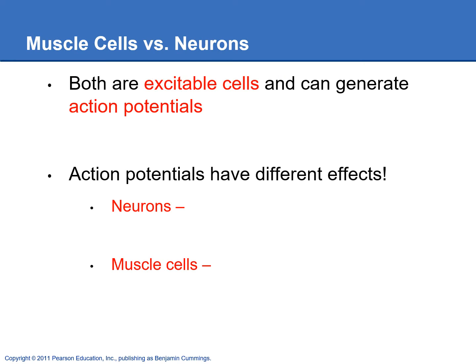So both muscle cells and neurons are excitable cells, and they can both generate action potentials. But the action potentials have very different effects in neurons versus muscle cells. So remember that the action potentials in neurons are going to be used for communication.